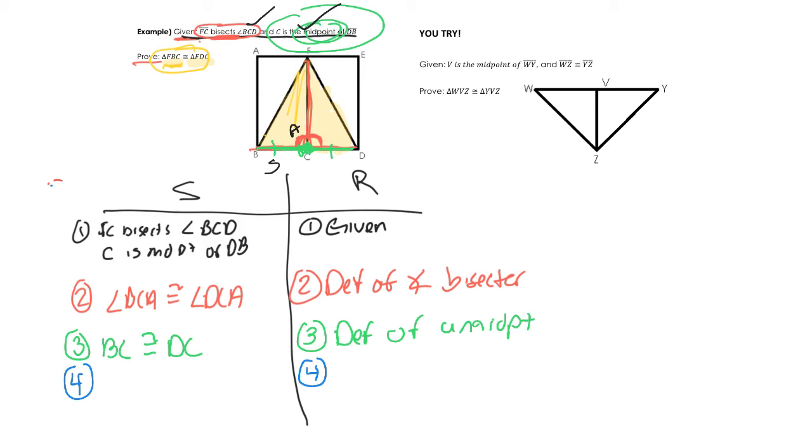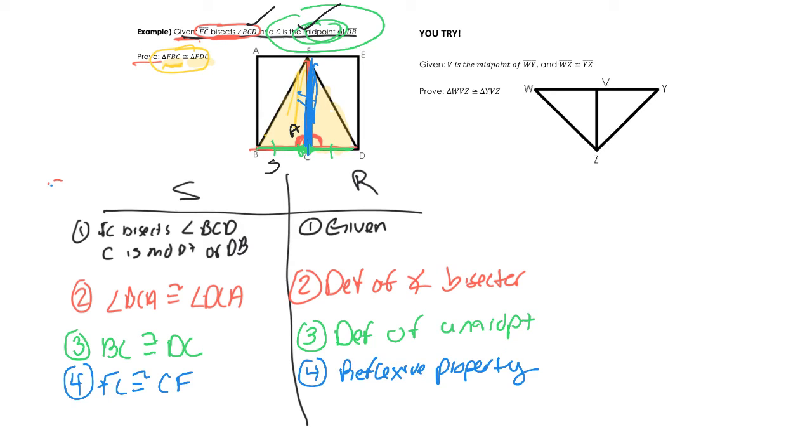Another thing equal with those yellow triangles. Well, I see they both share this middle line, FC. So FC is equal in both triangles. And that is called the reflexive property, because it's flipping over that, and those are equal in both triangles.